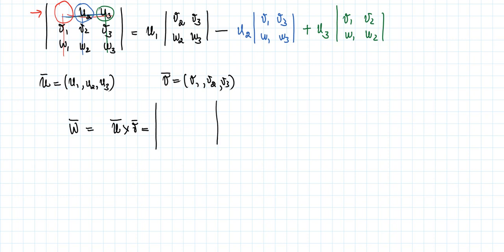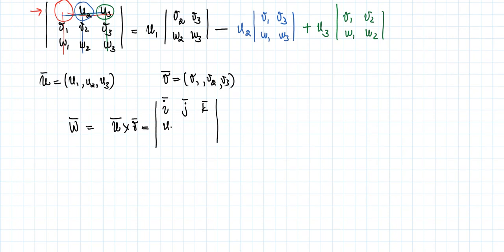On the first row of this matrix, we're going to write down the standard basis vectors I, J, and K. On the second row, we write the components of the vector U: U1, U2, U3. And on the third row, the components of the vector V: V1, V2, V3.